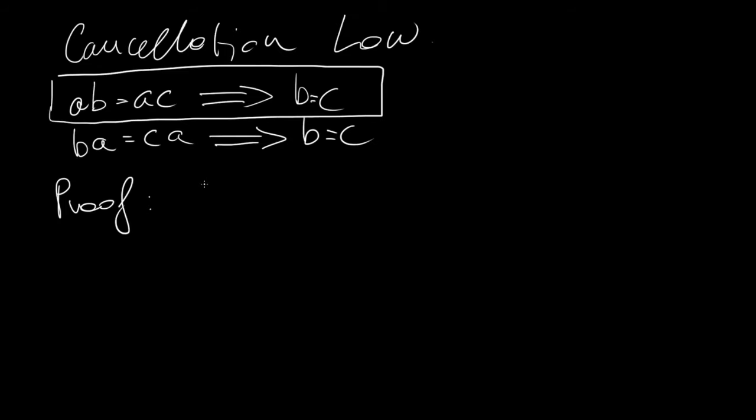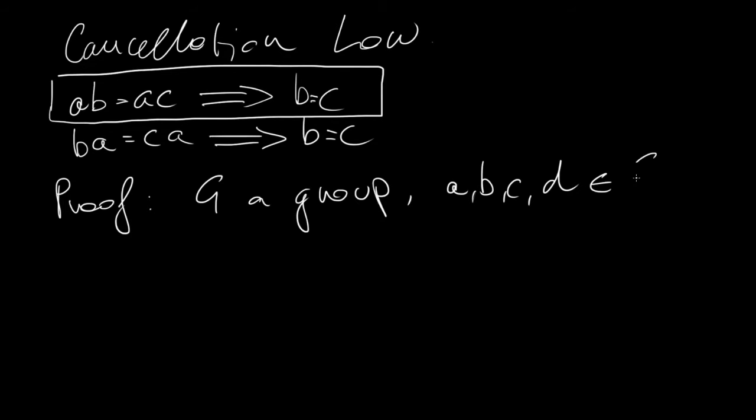So let's have a group G. Let G be a group, and let the elements A, B, C, and D be elements of the group G. And assume that AB is equal to AC.